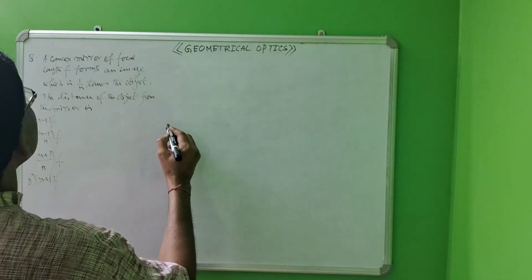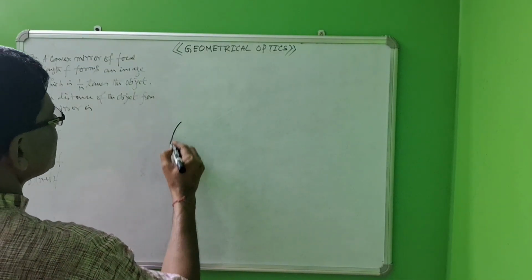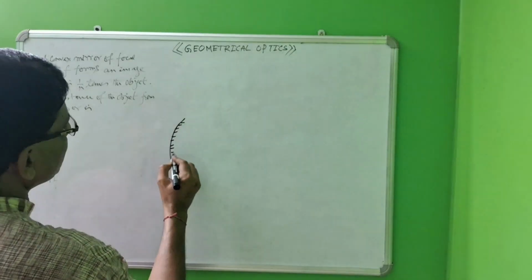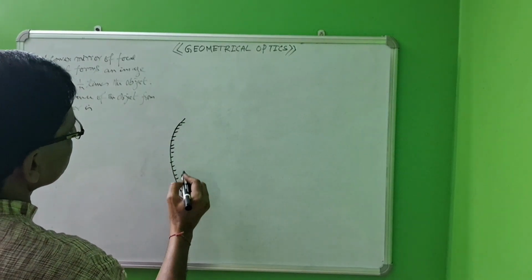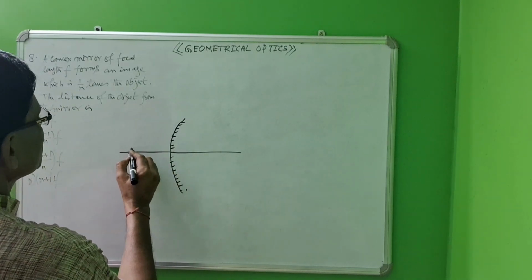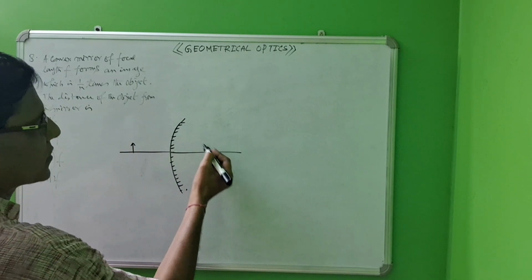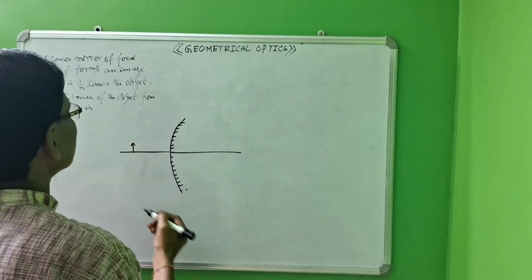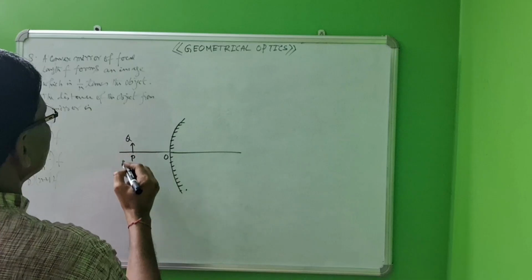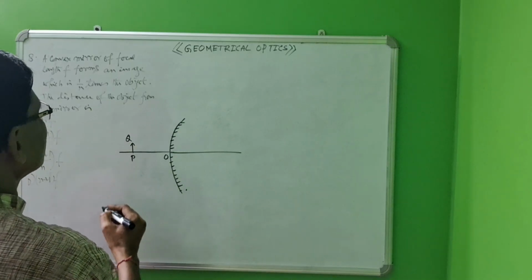Here is a convex mirror. The body is situated here, not here, because this is the opaque side. PQ is the body here.